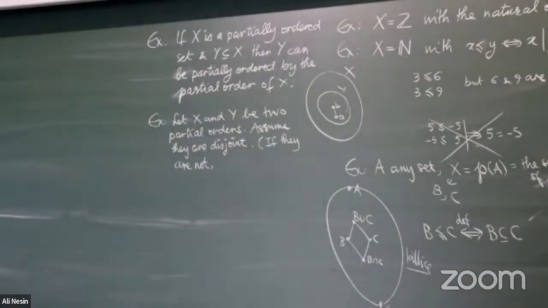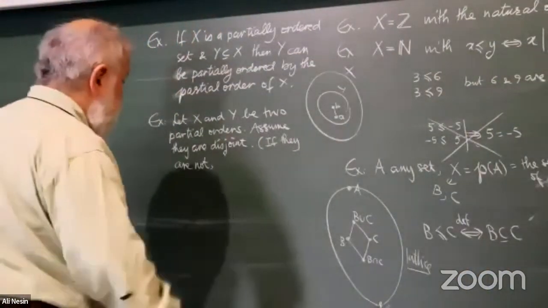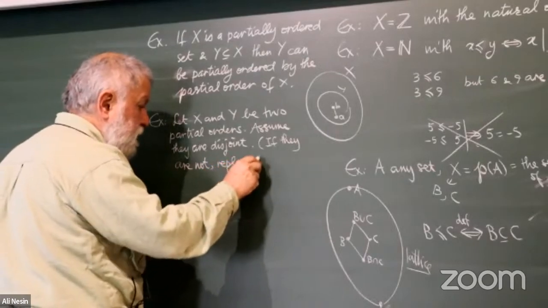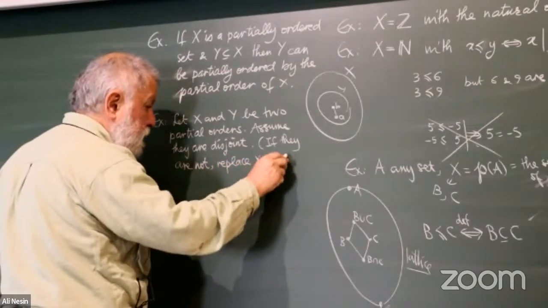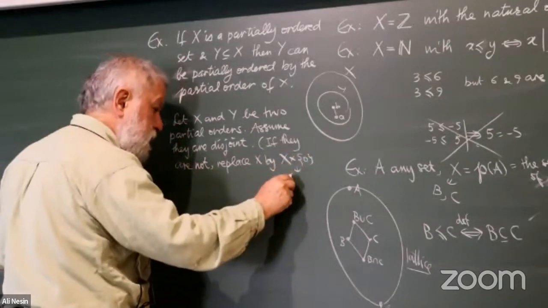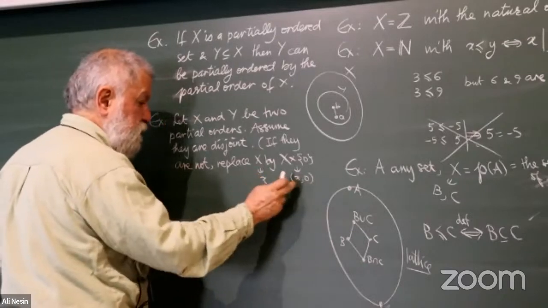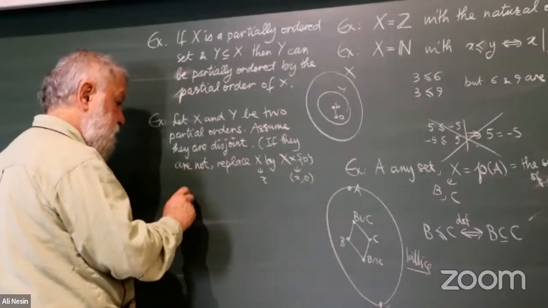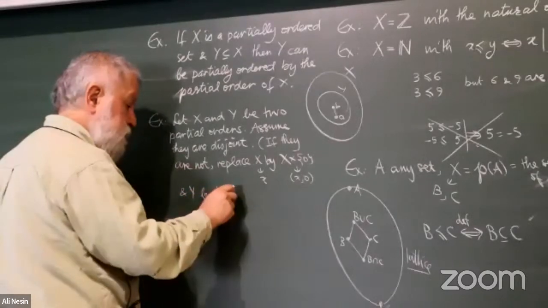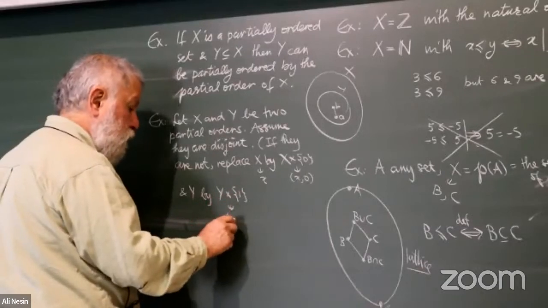Do you know this? If X and Y are two sets, which are not necessarily disjoint, you replace X by X Cartesian product 0, so now the elements of this are of the form x comma 0, and Y by Y times 1, the elements of this are of the form y comma 1.